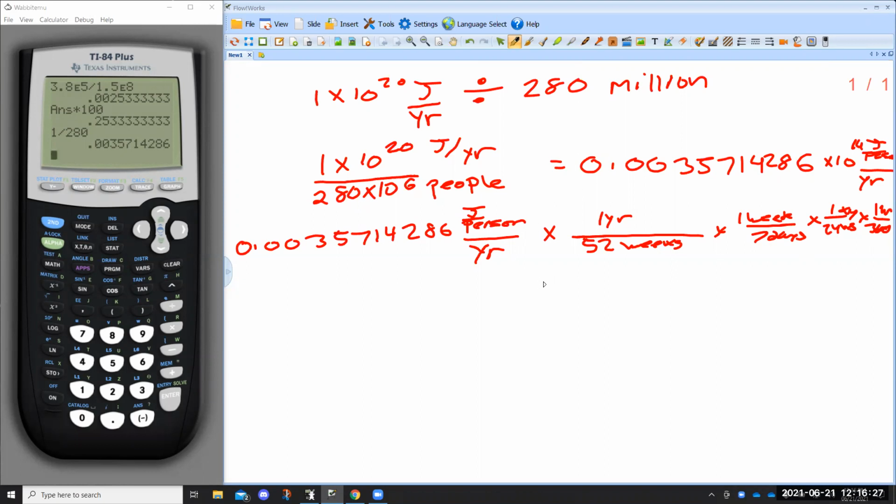So this is going to be 0.035714286 divided by the quantity 52 times 7 times 24 times 3,600.